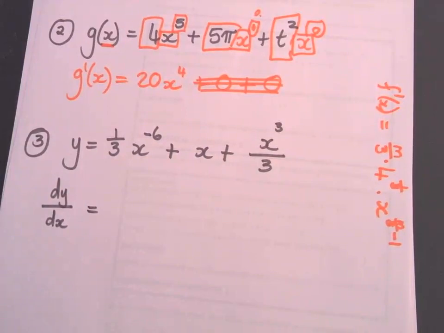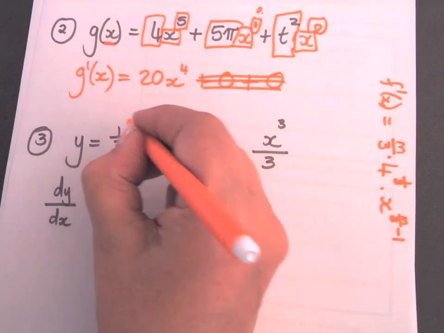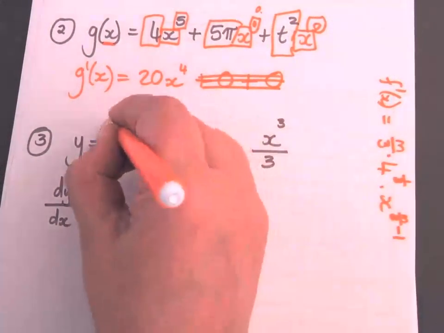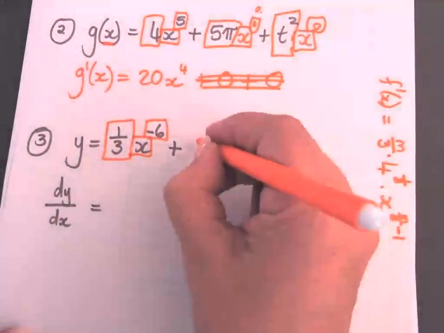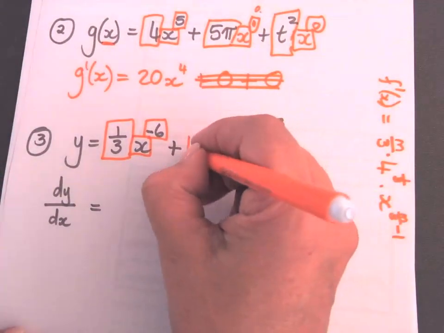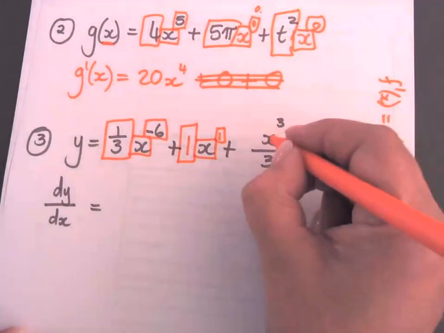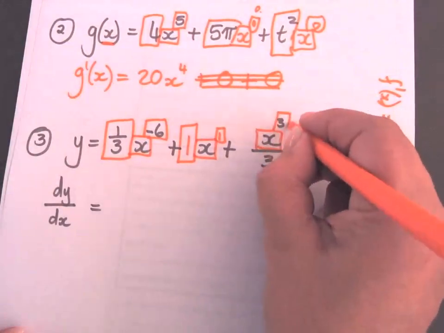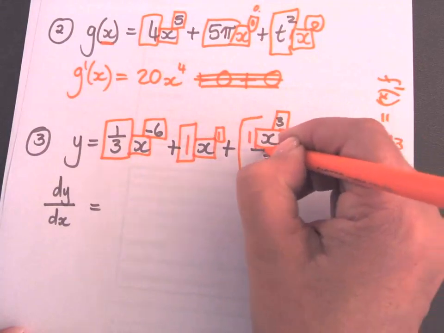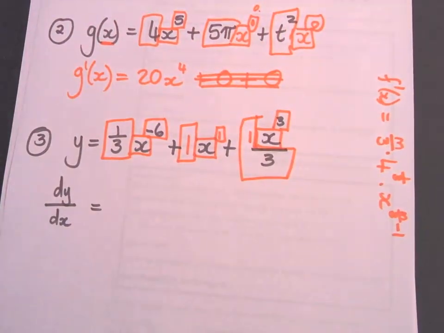First get the form correct for all the terms. There's the x, there's a negative 6, there's a coefficient. There's the x, there's a 1, there's a 1. There's the x, there's the exponent, and here is the coefficient.